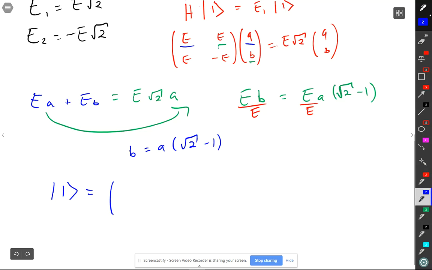Let's just set A equal to 1 to make life easy. I put a C out here for a normalization constant. Or I could have just put A out here. And so the last step in finding state 1 is I normalize it. And remember, we're just going to use the real case here, so I'm going to save myself some time, not put any stars or anything.